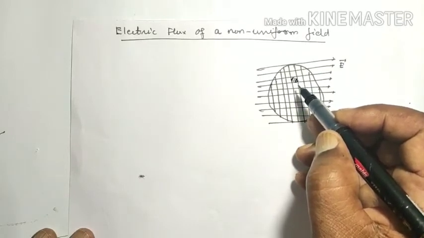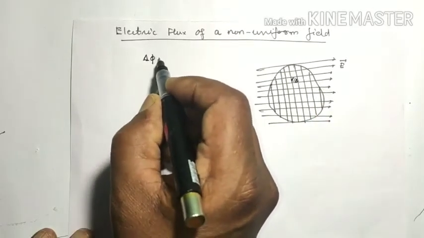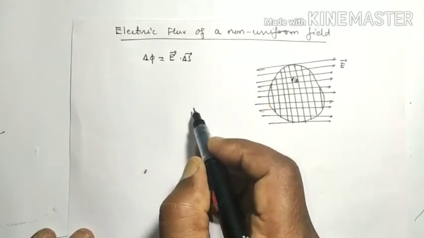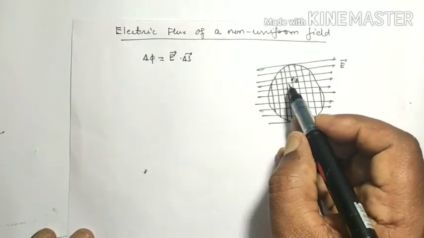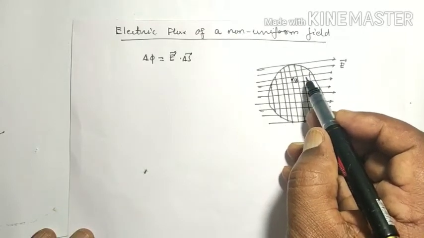The flux of electric field through each surface is delta phi is equal to E dot delta S. Then we add all the flux contributed by each part.